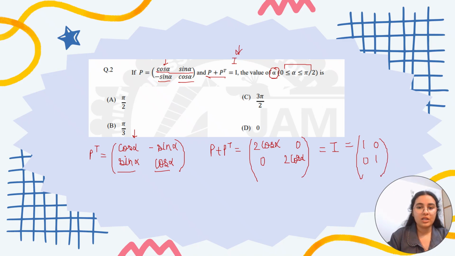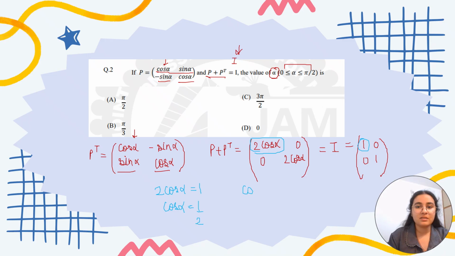So now, using the property of equality of matrices, corresponding elements will be equal. So 2 cos alpha is equal to 1. Simple, 2 cos alpha is equal to 1 means cos alpha is equal to 1 by 2. When does cos become 1 by 2?